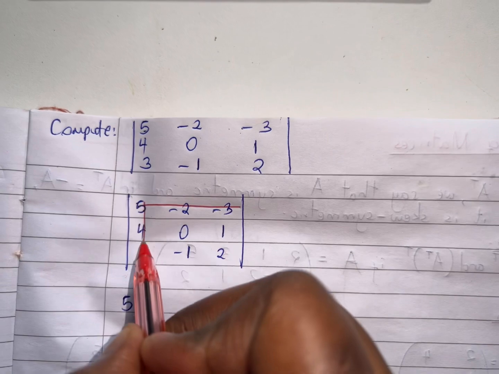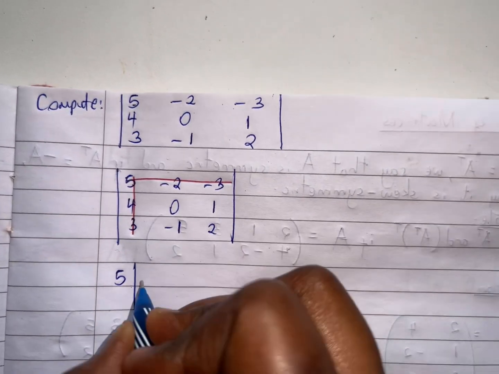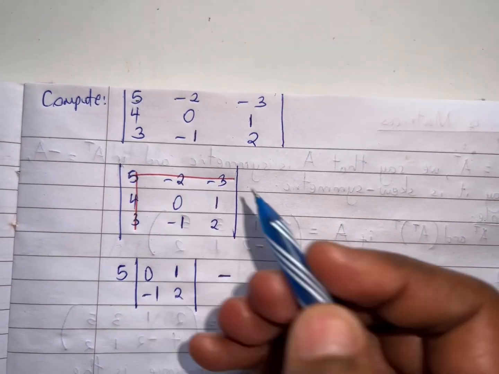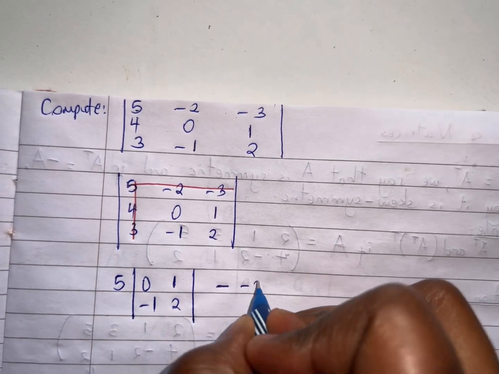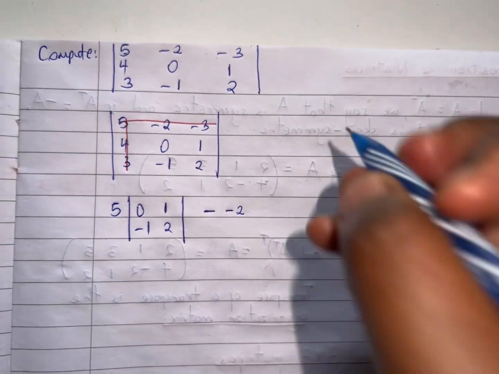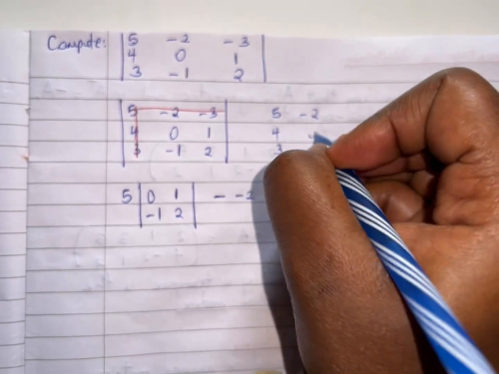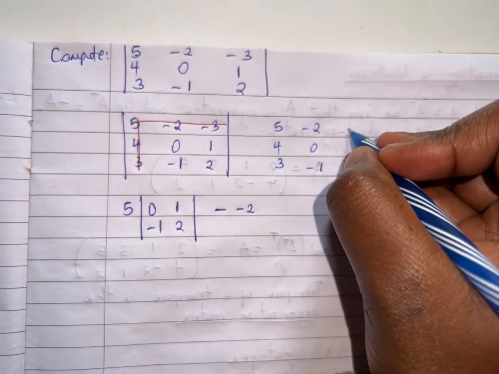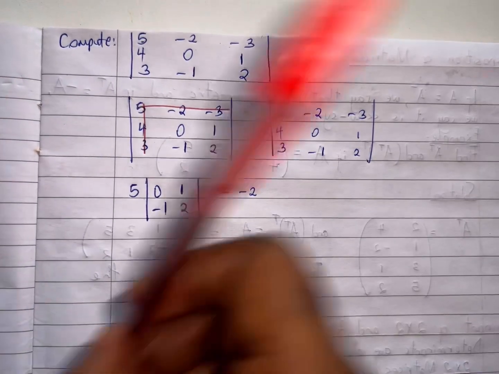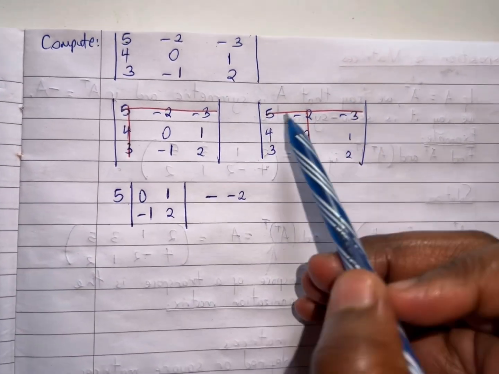We're going to cancel the row and column where 5 is and remain with 0, 1, negative 1, 2, minus negative 2. Don't forget that, please. Let me write again. So we're going to cancel the row and the column where negative 2 is.